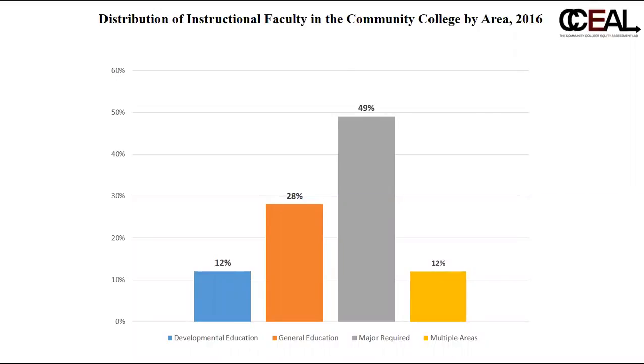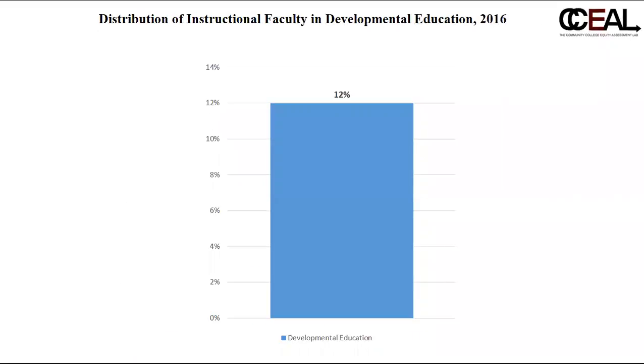So we know that when we're looking at all of our full-time and all of our part-time faculty, 12% are primarily teaching developmental education, 28% are primarily teaching general education, 49% are primarily teaching major required courses, and 12% are teaching in so many different areas that they really couldn't classify it. So what we're going to do is look at that blue where it's developmental education. We're going to do a deep dive into this to figure out what that looks like in terms of the distribution of faculty members in each of these key areas.